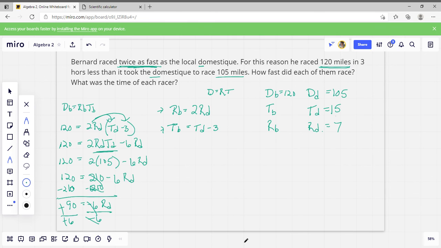So 3 hours less than 7 is going to be, let's see, that would be 4 hours. Okay, and then we could say this is double the speed, right? So twice as fast, so that would be 30 miles per hour. And there's the answer to the practice problem. Hopefully you guys got that.